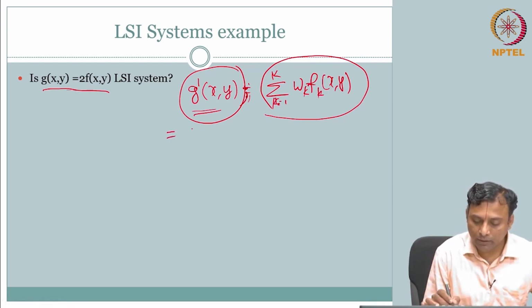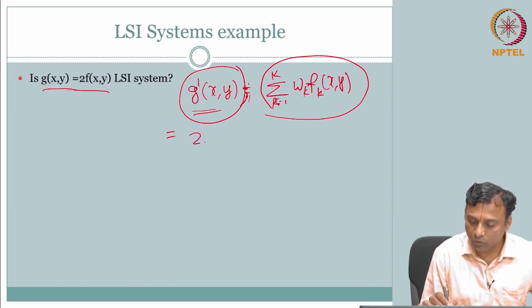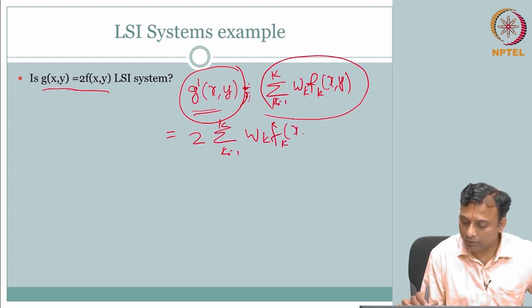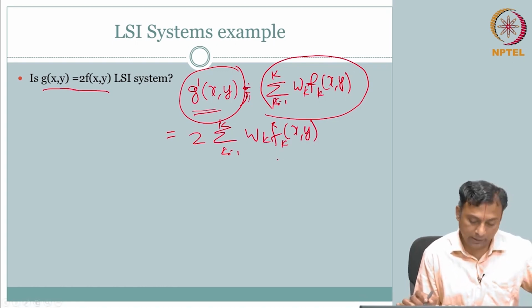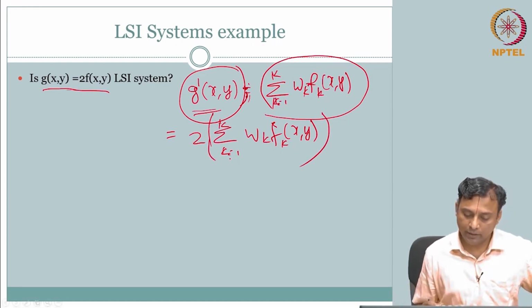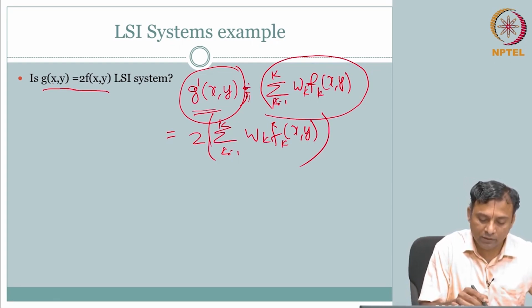So this is my input, and the output is going to be 2 times this guy, f_k of x comma y. Of course, I could write it a little more clearly as 2 times the input, just to recognize that this is f, this is x.